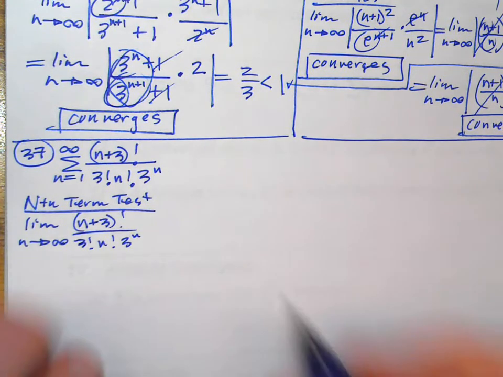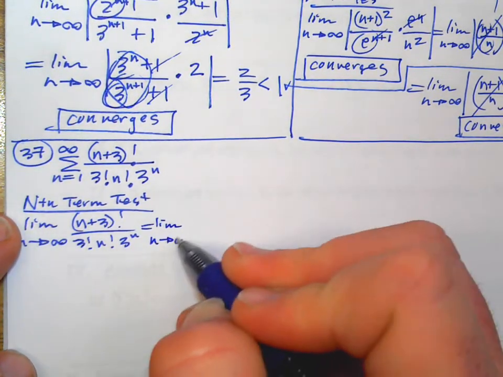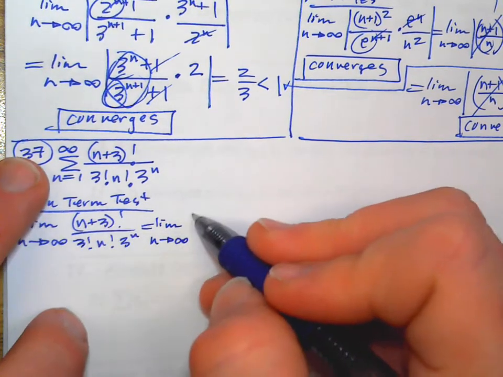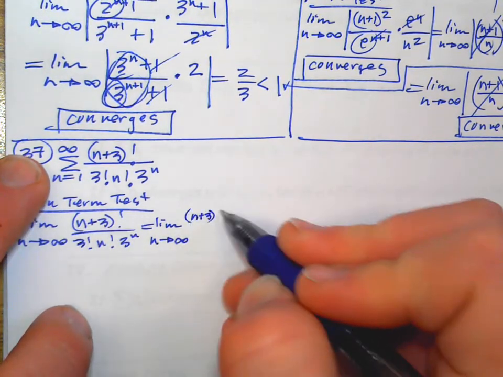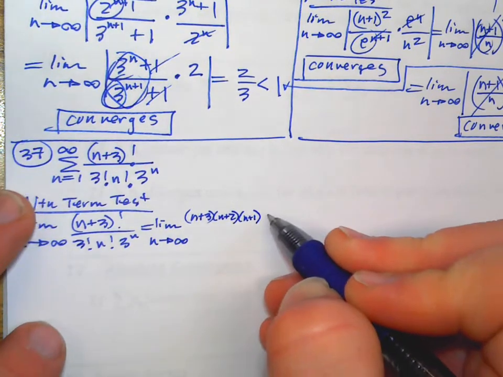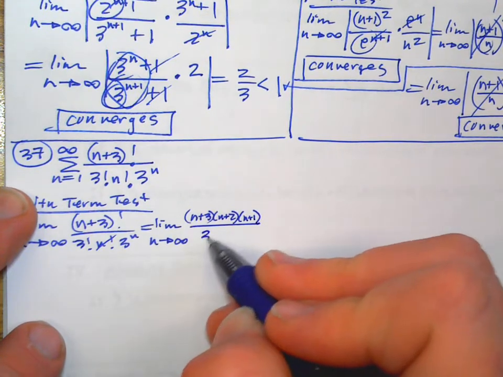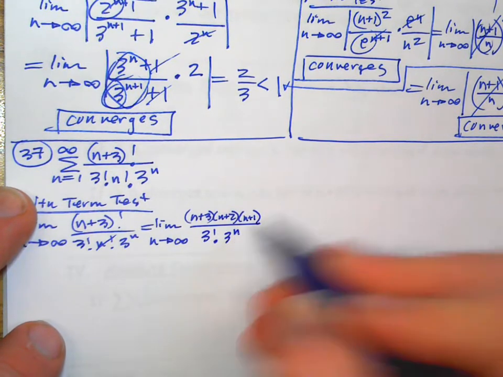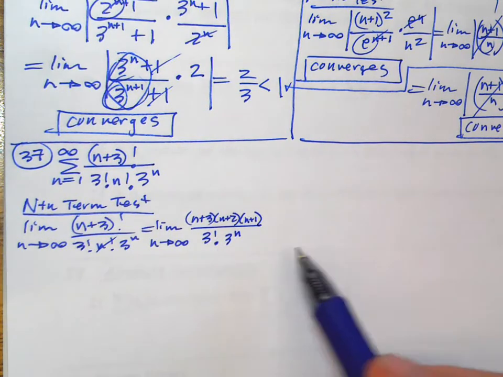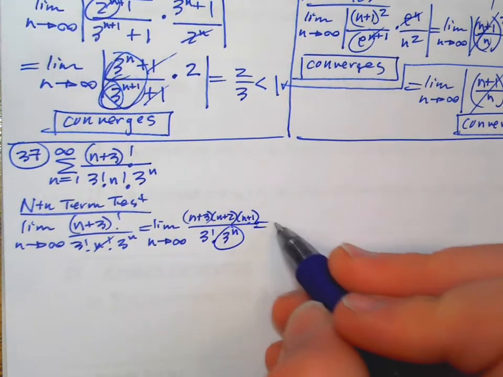I think we could simplify this a little bit, which would probably help. n plus 3 factorial is n plus 3 times n plus 2 times n plus 1 times n factorial, which would cancel with that one on the bottom. And then we have 3 factorial and 3 to the n. So we can get infinity over infinity, but this is essentially a cubic on top, and this is an exponential on the bottom, so it's going to go to 0.